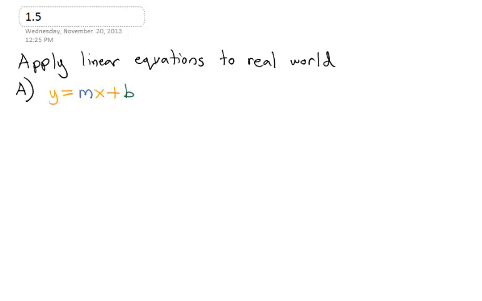And we're not going to be using words like slope and y-intercept, though. We're going to be looking at the variable rate, or the rate things are changing, is what's going to tell us our slope.